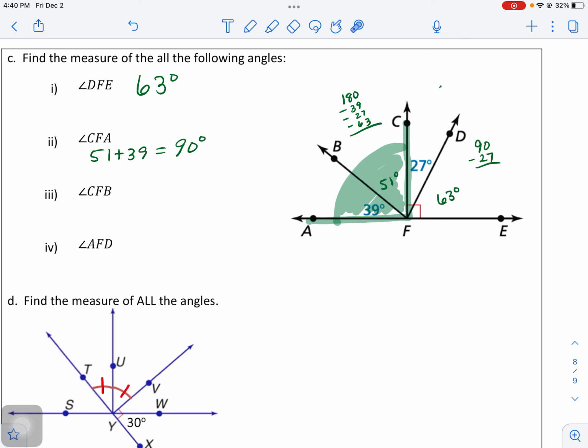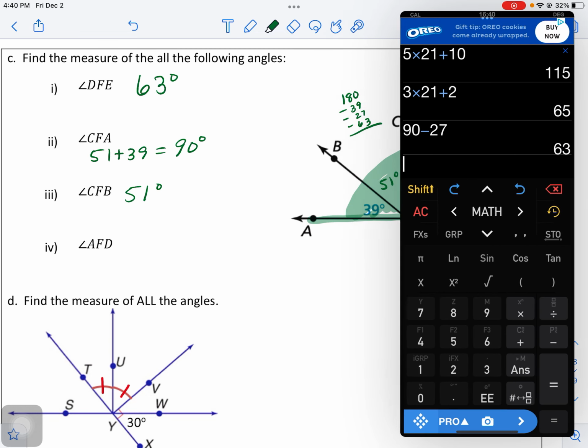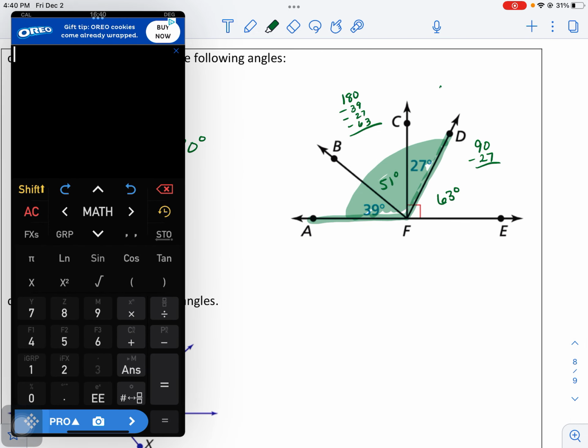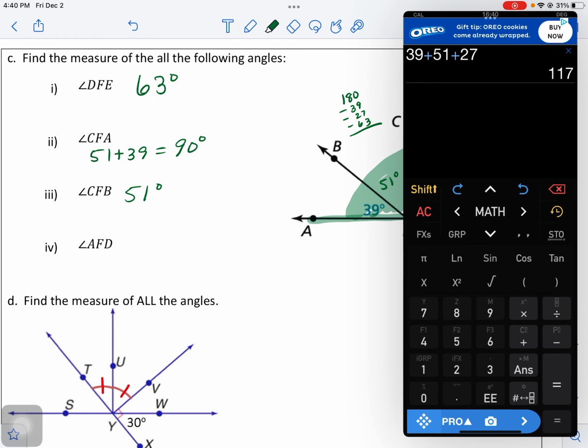Also, you could know that right away, because if this is 90, that means this guy has to be 90 as well, because he is a right angle, and two right angles make 180, and the straight line is 180. So CFB is next. CFB is this angle in here, and we can see he's 51 degrees. Then we have AFD. It's all three of these angles added together. So we've got 39 plus 51 plus 27, 117 degrees.